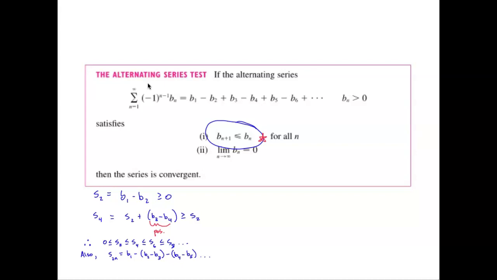And since each one of these is positive, we're basically taking a bunch of values away from B1, right? Meaning the nth partial sum has to be less than B1.